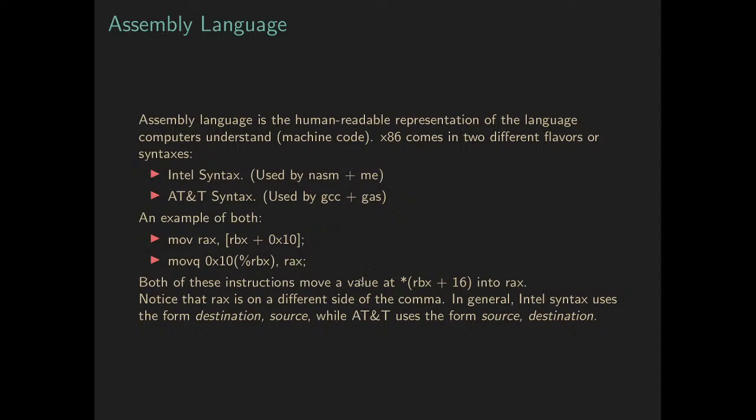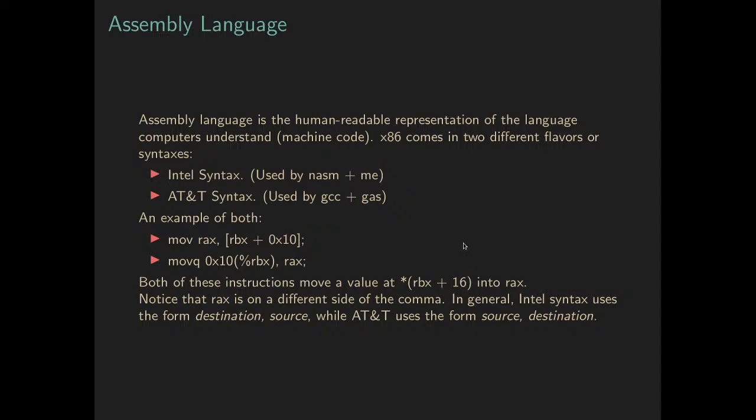Both of these do the same thing, and they encode exactly the same. It's moving the value at the memory location RBX plus 16 into the register RAX. If you're familiar with C, this is like pointer arithmetic.